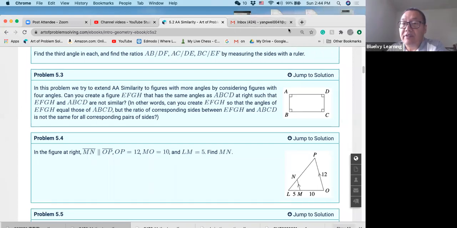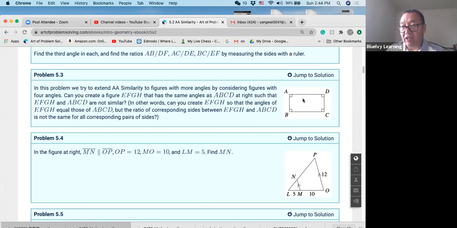First, answer this question, yes or no. Say the rectangles. We have this rectangle ABCD. Then they ask if you can build another rectangle EFGH.